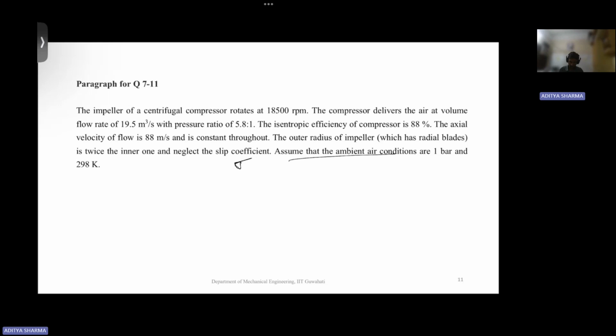And assume the ambient air conditions as 1 bar and 298 Kelvin. Then first is power required to drive the compressor.